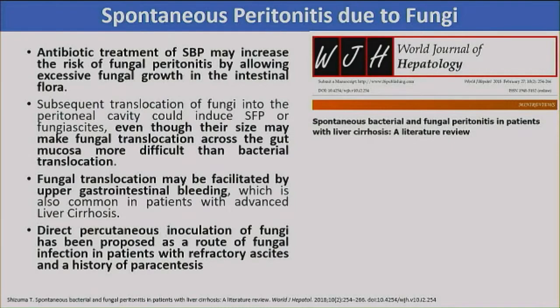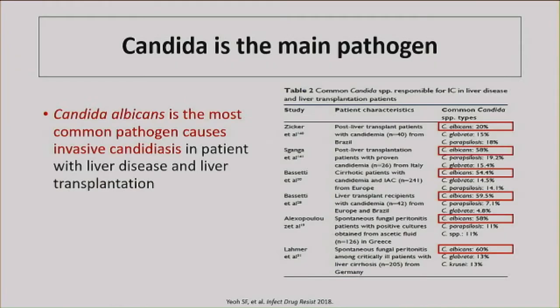So, although the fungal organism is quite big, fungal translocation may be facilitated by upper gastrointestinal bleeding or by a history of paracentesis. Several studies show Candida is the main pathogen in patients with liver disease and also in liver dysfunction, especially Candida albicans, but also non-albicans Candida.